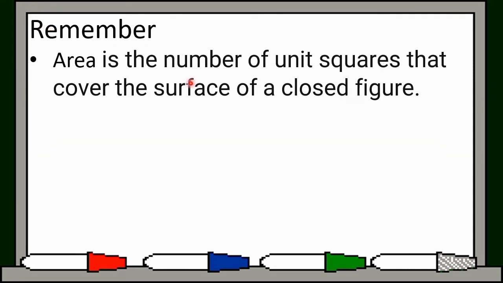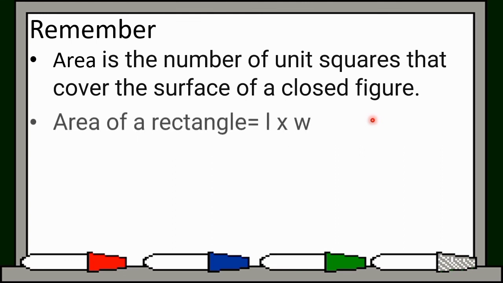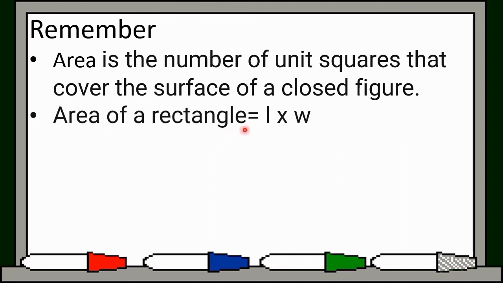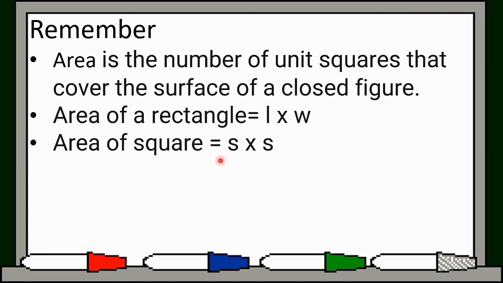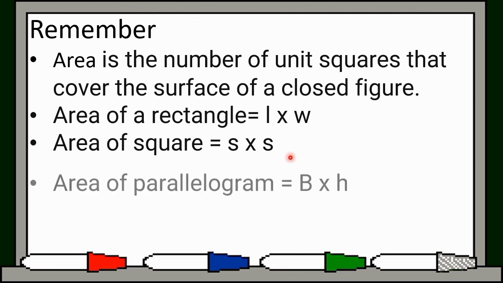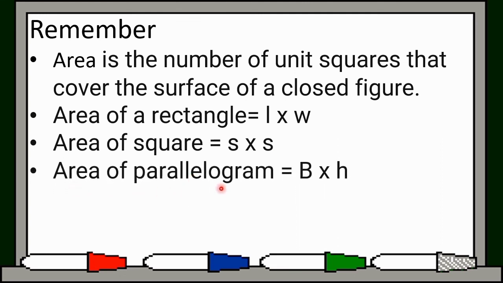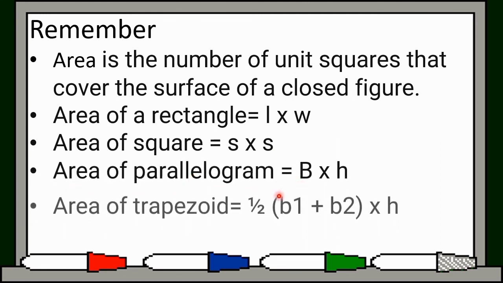Remember, area is the number of unit squares that cover the surface of a closed figure. And area of a rectangle is equals to length times width. Area of a square is equals to side times side or s squared. Area of parallelogram is equals to base times height.